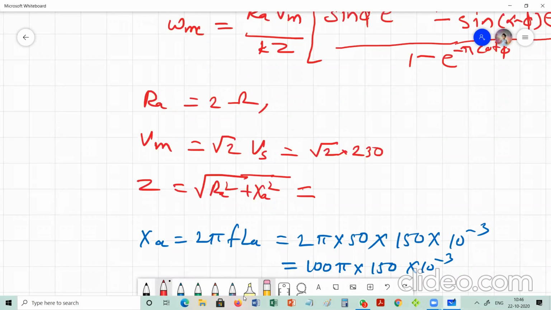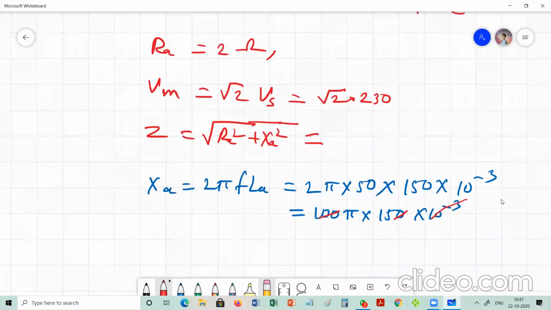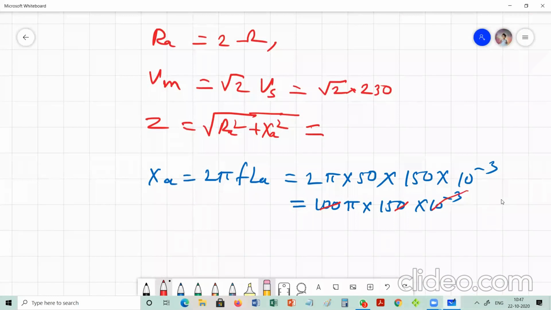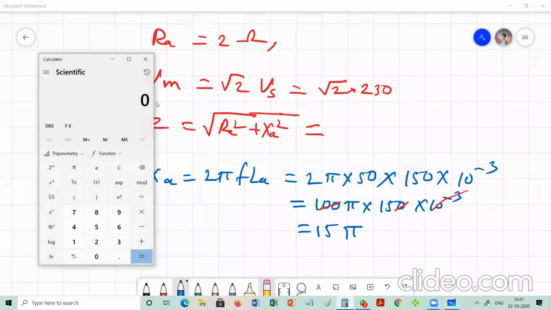These two zeros and this 10 raised to minus 3 will cancel out, and you will get XA is equal to 15 pi. The 15 into pi is equal to 47.12 ohm.